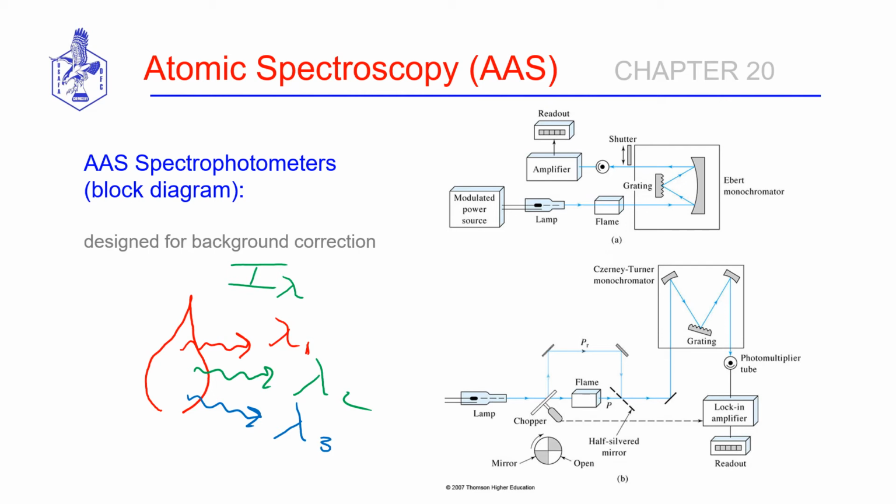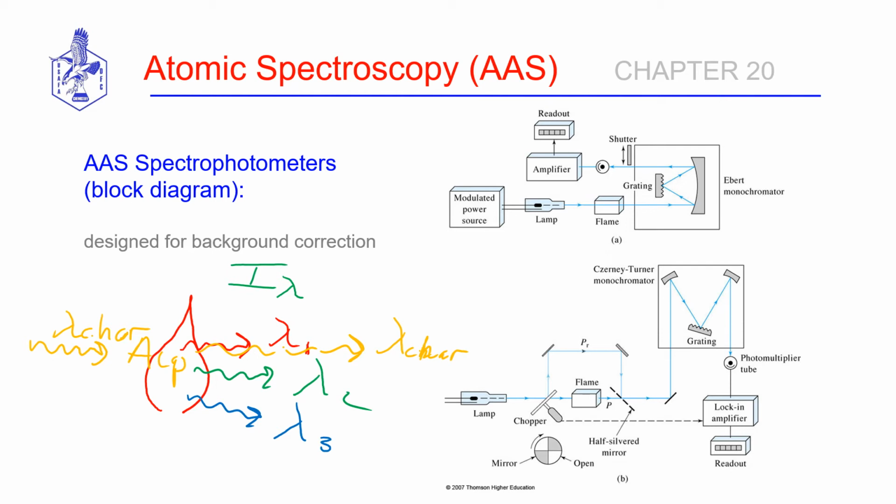Since there's a lot of emission happening, we want to make sure that the only light we actually detect and measure is that coming from my characteristic element. So here's my analyte species of interest. I excite it with the right wavelength, and the only light I want measured is the light absorbed at this characteristic wavelength.